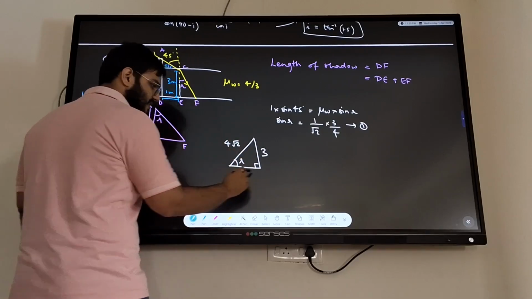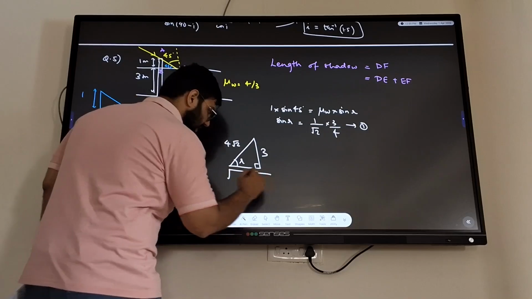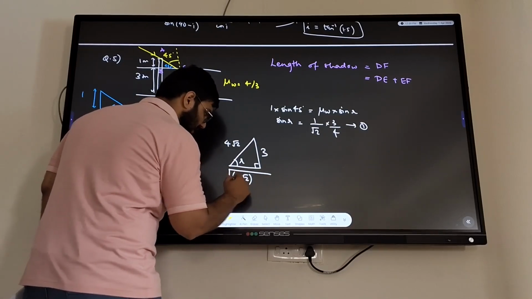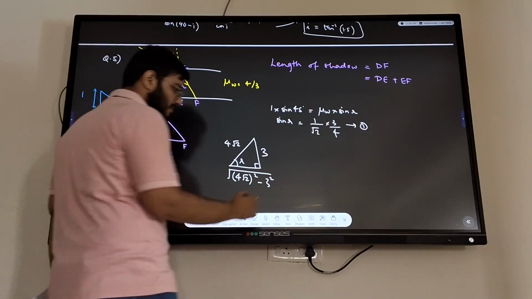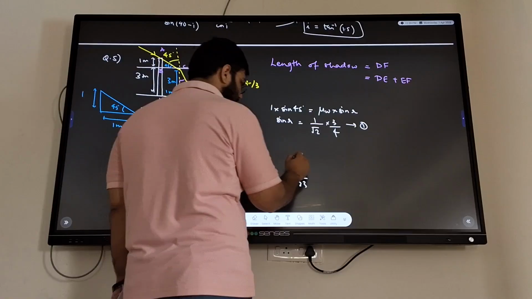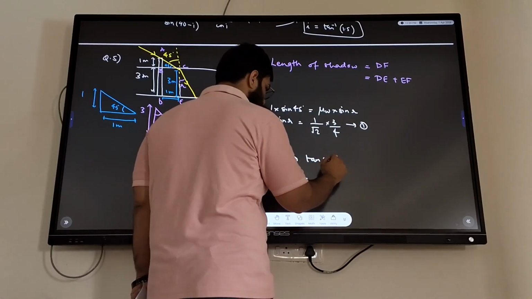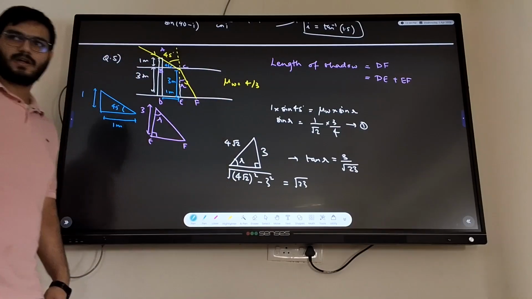So what will be this length? By Pythagoras theorem, it will be the square root of 4 root 2 the whole square minus 3 square. Yes or no? And what will you get here? Root 23. Then what will be tan r from this? 3 by root 23. We found out tan r.